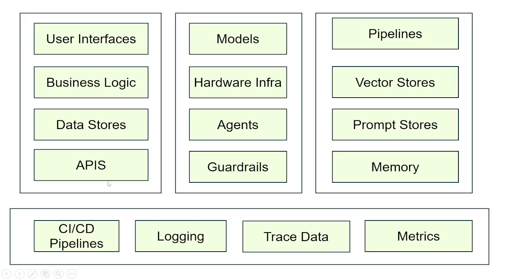And at that time, if it requires any reference for the business data, it will go to the data store to fetch that, and then through the orchestration layer, it will go to LLM models, or the RAG databases, vector stores, right? And any common agents you have developed, and guardrails, all will be stored. Guardrails will be stored, and these prompt stores will be used whenever you are using the prompt chain templates, and also you can use the prompts. And the below I already discussed. These are the trace layer, logging layer, CI/CD layer, and metrics layer.